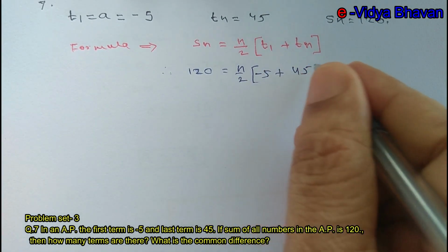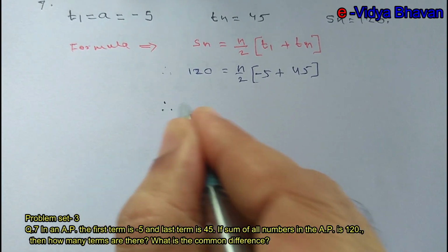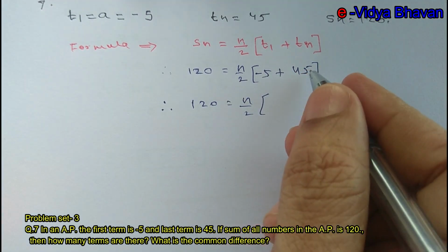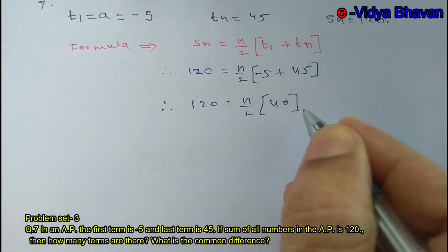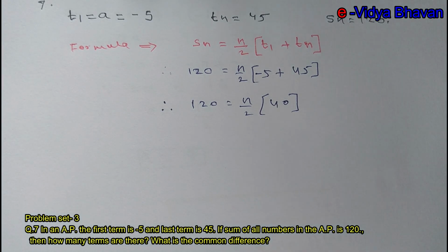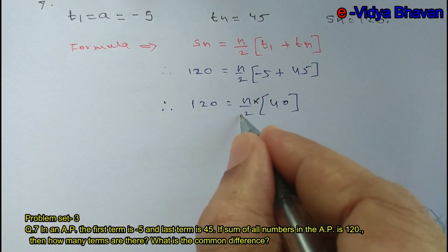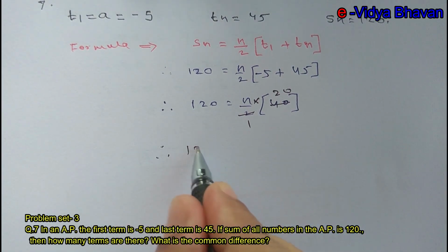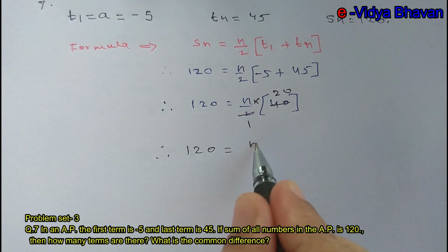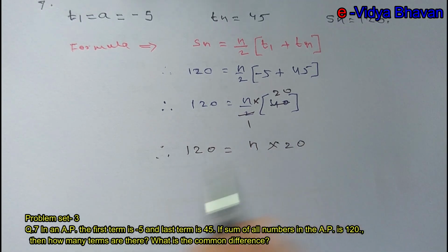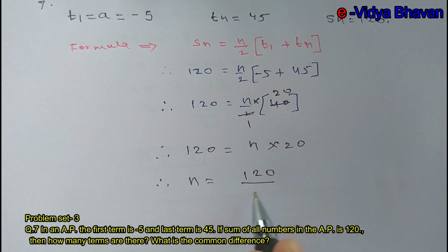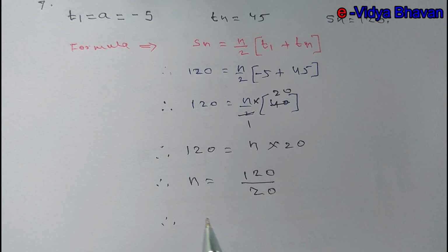Last term we know 45. n upon 2, minus 5 plus 45 will be giving me 40. Now we can cancel here. There's a multiplication sign, 2 1 ja, 2 20 ja. Therefore, 120 is equal to n into 20. Therefore, n is equal to 120 divided by 20. Therefore, n will be equal to 6.